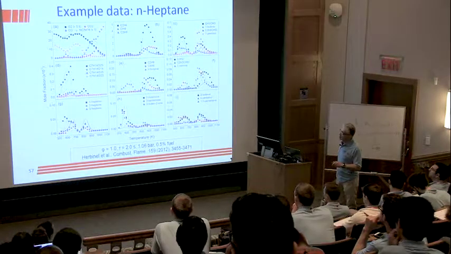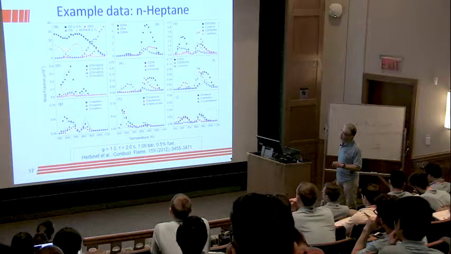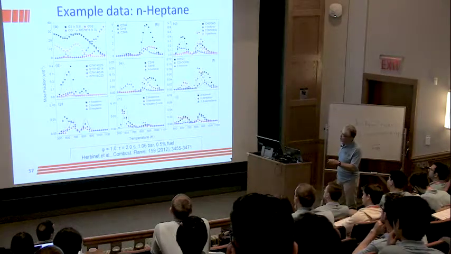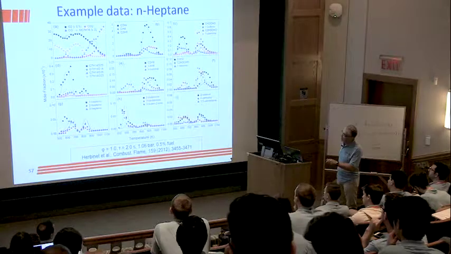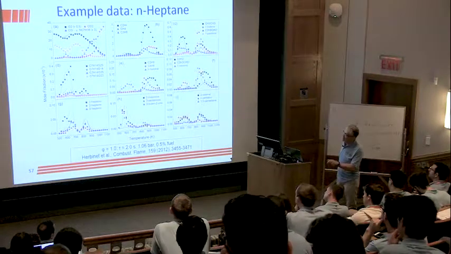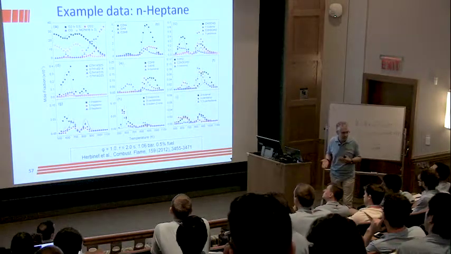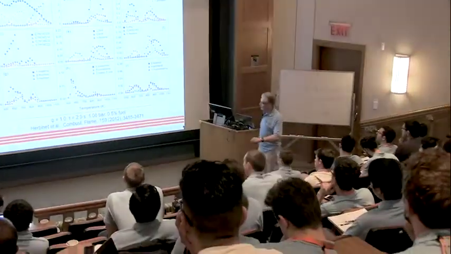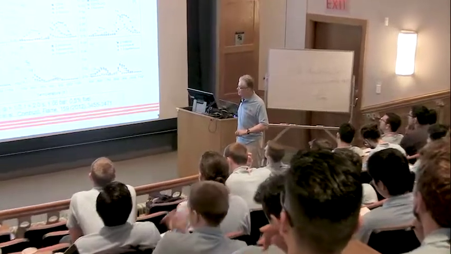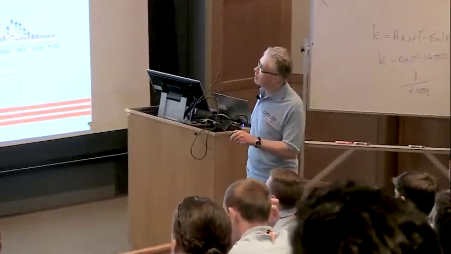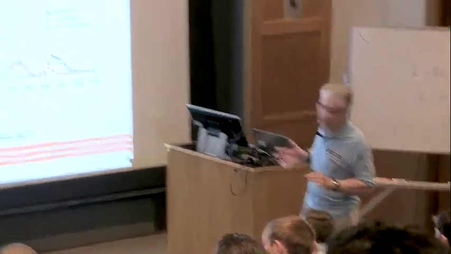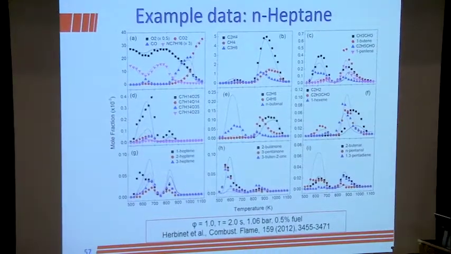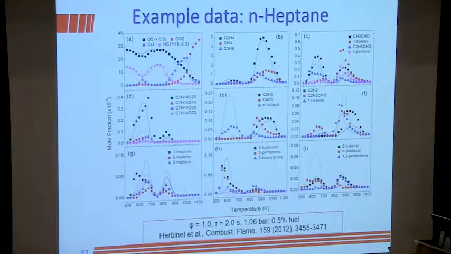Here's the oxygen profile. There are, I don't know, 25 experiments or something provided here. Each point here is an analysis of the gas coming out of the jet stirred reactor that experiences these conditions. So you can get a very wide range of species profiles as a function of temperature, at this constant time.